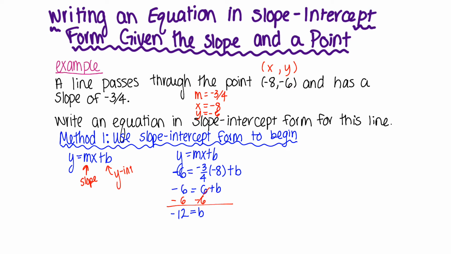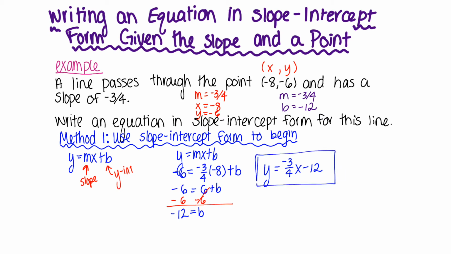At this point, we have our m value, m is equal to -3/4, and we have a b value, b is equal to -12. That's enough to put it into slope-intercept form. So our answer is going to be y equals -3/4 x minus 12. The -12 goes in the y-intercept spot. And that's that. So that's one method using slope-intercept form.